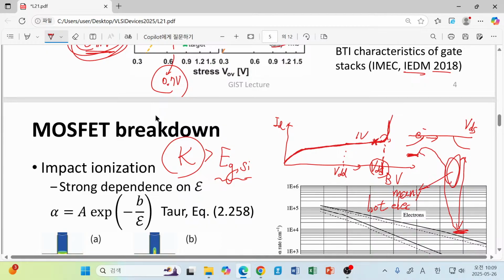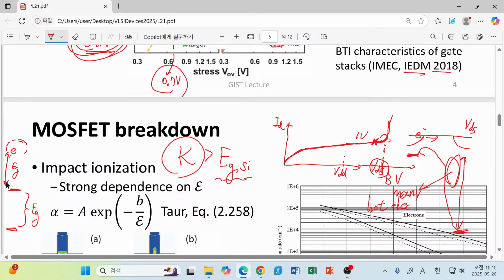Then this hot electron transfers its kinetic energy to an electron inside the valence band. Let's say this is the band gap energy, and consider an electron whose kinetic energy is also the band gap energy.